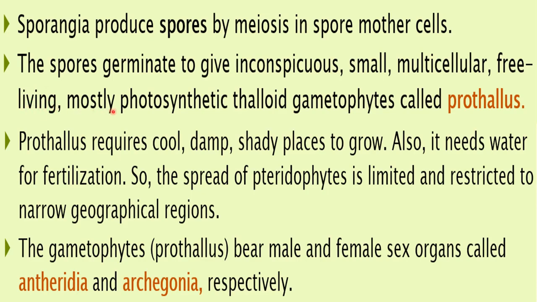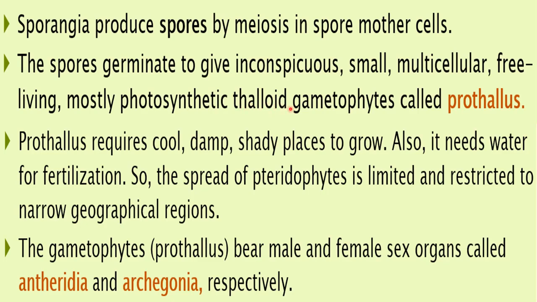It is mostly photosynthetic and thalloid. Thalloid means not differentiated into root, stem and leaves. So you can say these spores germinate to form the gametophytes. And what are the features of these gametophytes? These are inconspicuous, small, multicellular, free-living, photosynthetic and thalloid structures.